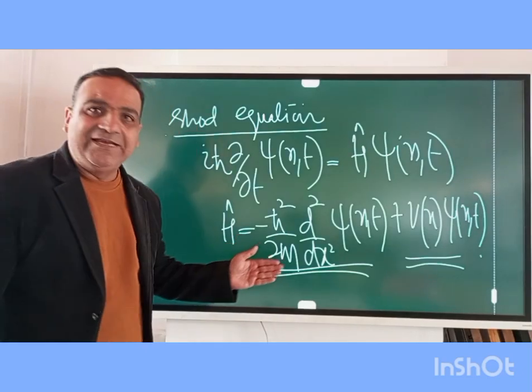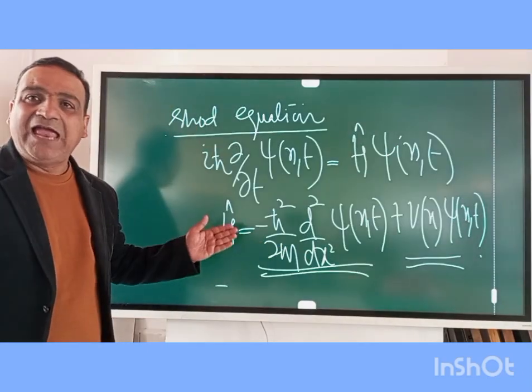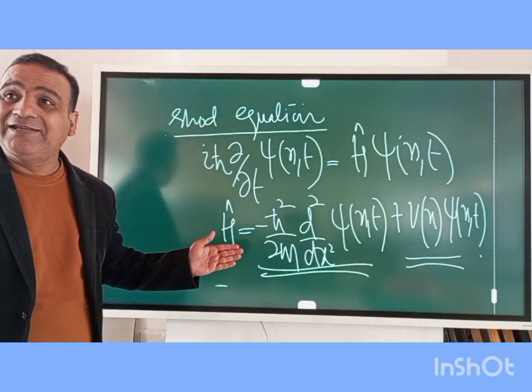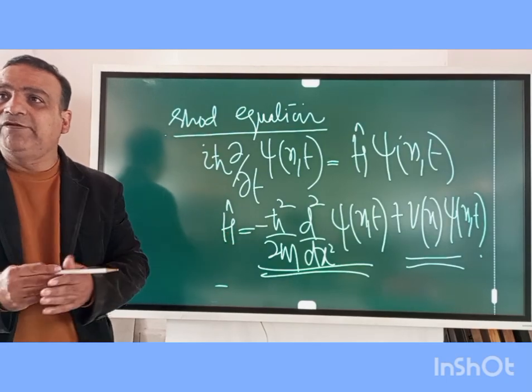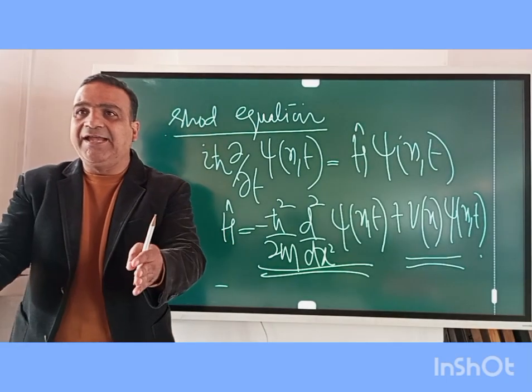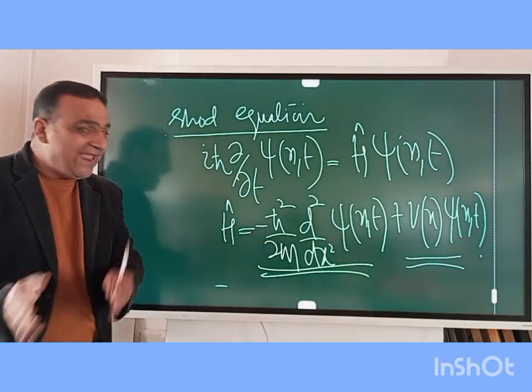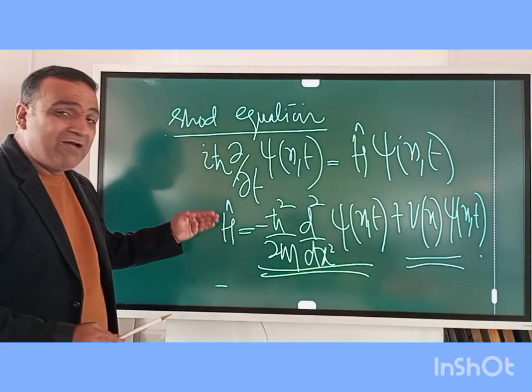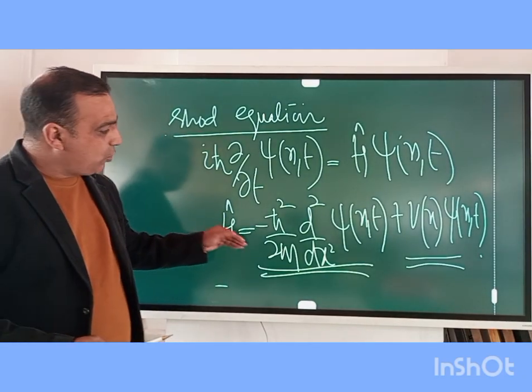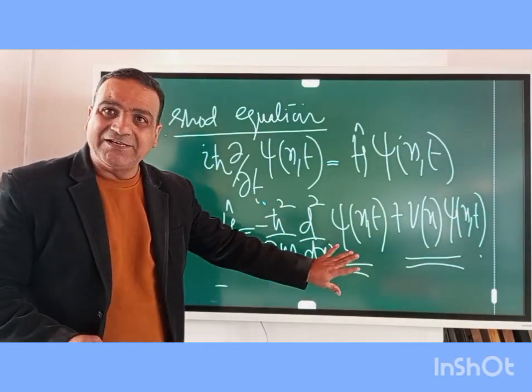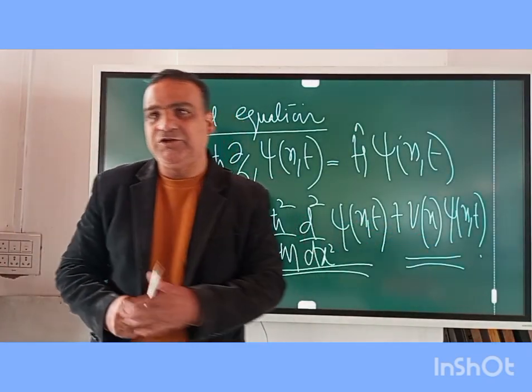Now here we are writing the Hamiltonian operator. We are not writing the Hamiltonian, because the Hamiltonian will give us the summation of kinetic energy and potential energy.